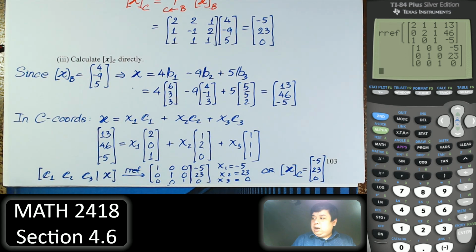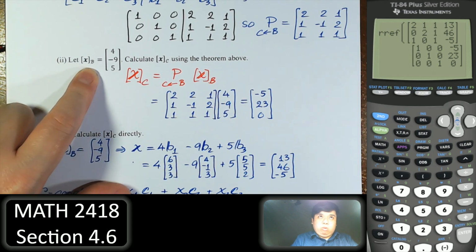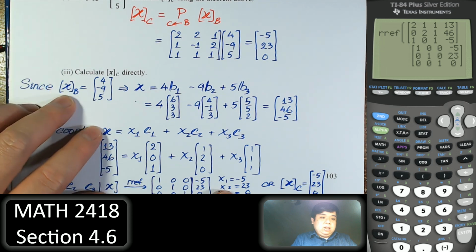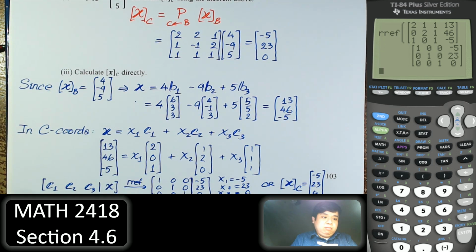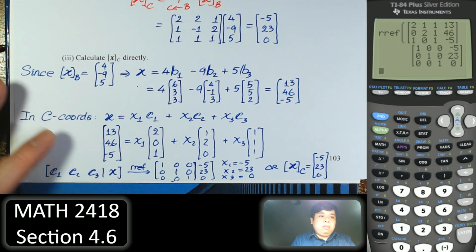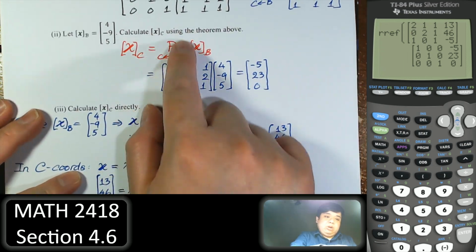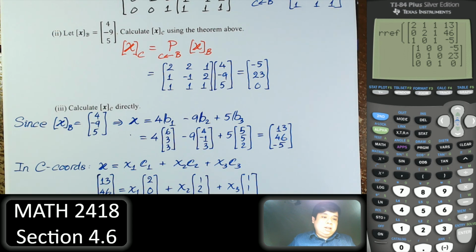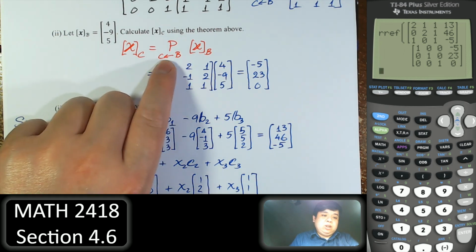But that's what we call the change of basis. We take the numbers from one basis to another basis, from one coordinate system to another coordinate system, and to link that we use the matrix called the change of coordinate matrix from B to C.